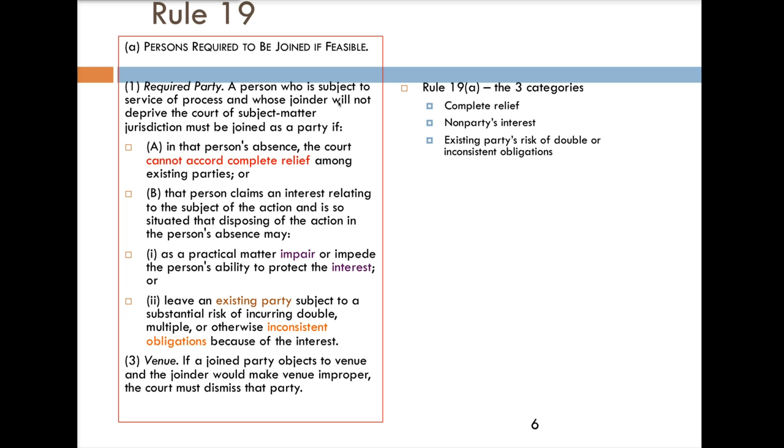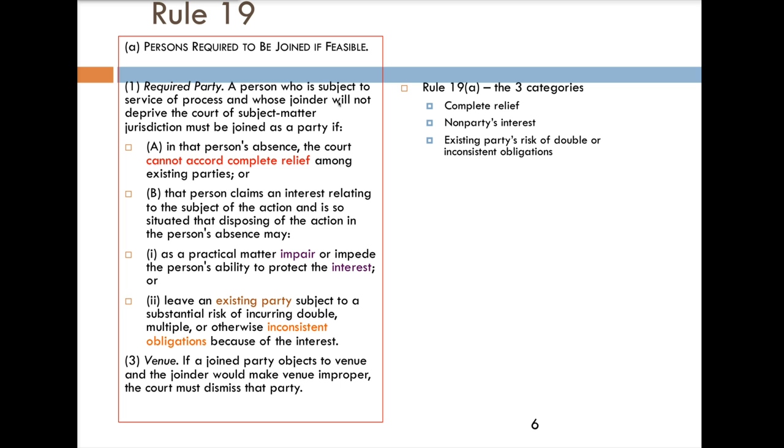So this could be a case where the current plaintiff is suing and trying to get money from a limited pool of money, and if the non-party is not joined, their ability to later sue could be impaired because maybe all the funds will be exhausted. That's one possibility.